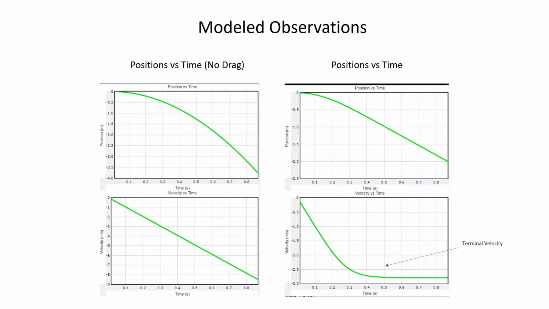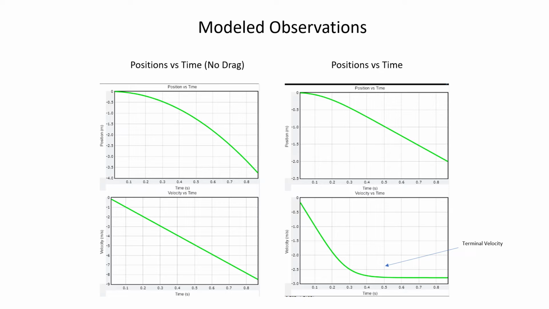Observations comparing no drag and drag for position versus time. Without drag, it continues to increase in the negative direction, and in position versus time with drag, it starts to straighten out and does not seem to have any acceleration towards the end, which is very much shown in the velocity versus time graph, where we have a straight constant negative velocity without drag.